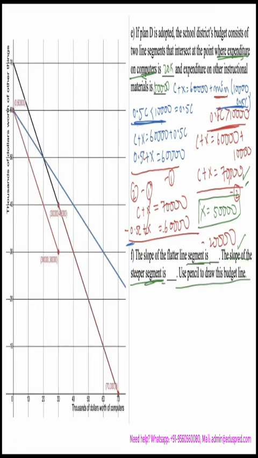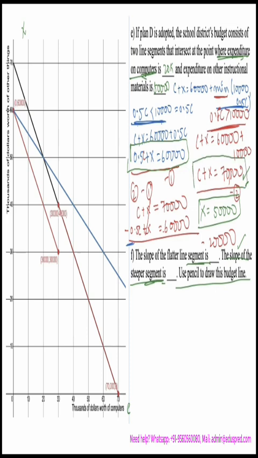So let's draw this budget line first, and then it would be a lot easier to see the slope of each segment. This was the graph we drew, and on the x-axis again we have $1,000 worth of computers, which is C, and on the y-axis we have $1,000 worth of other things, which is basically X. First thing first, we have two line segments. This is the first line segment, 0.5 C plus X is equal to 60,000. Another line segment is C plus X is equal to 70,000.